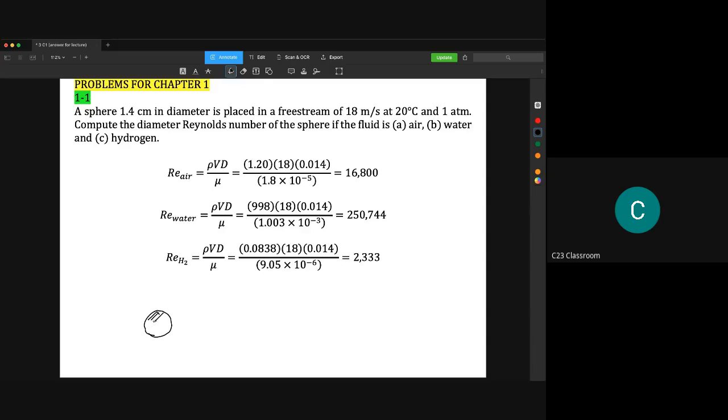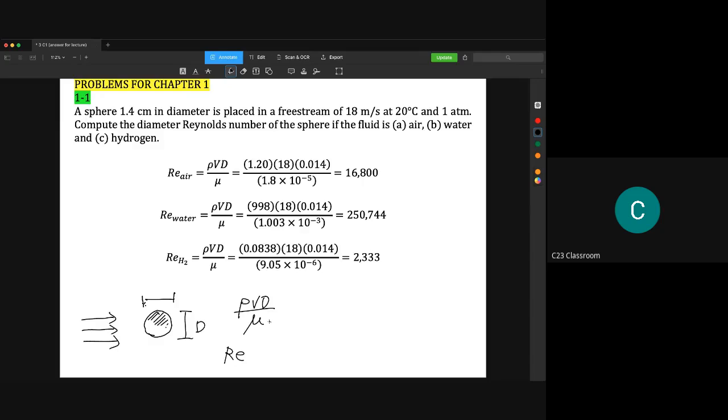This is a solid object, and then you have a fluid free stream here, and you need to calculate the Reynolds number. Because what we have here is a sphere, it is okay for us to take the diameter of this sphere. So now the equation will become rho V d over mu.